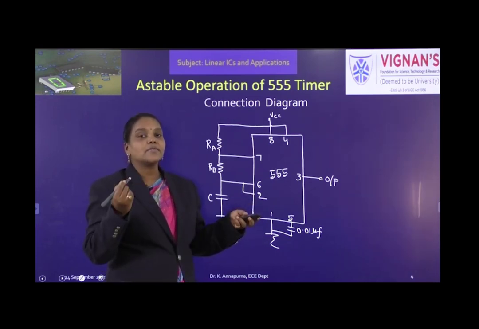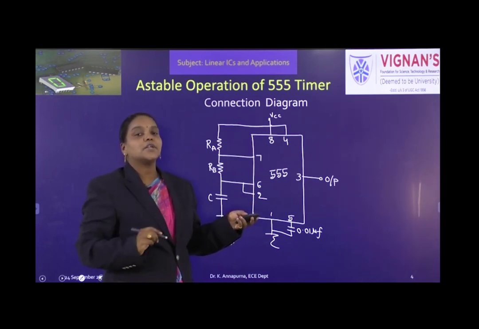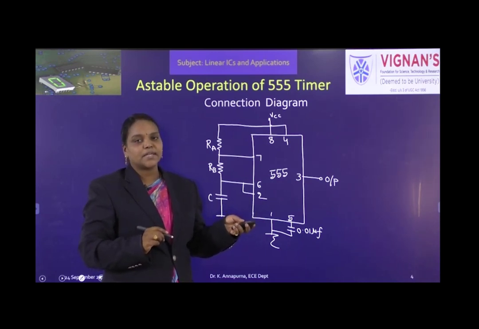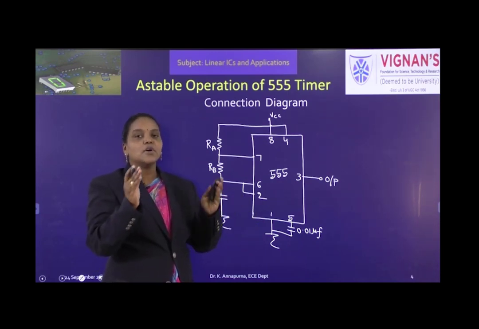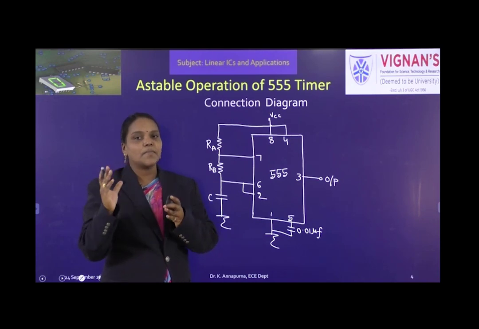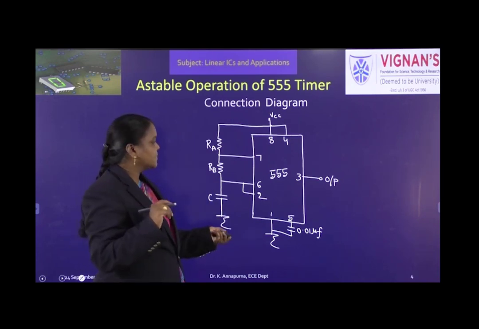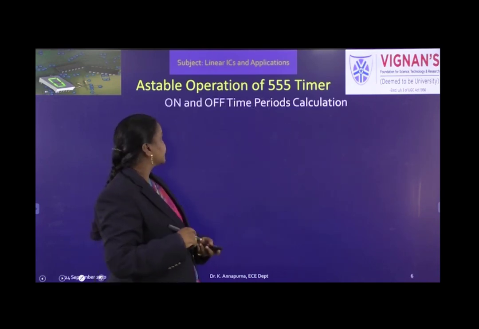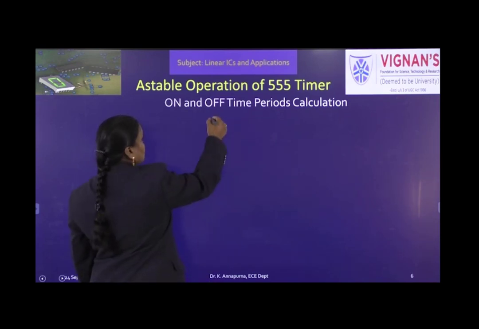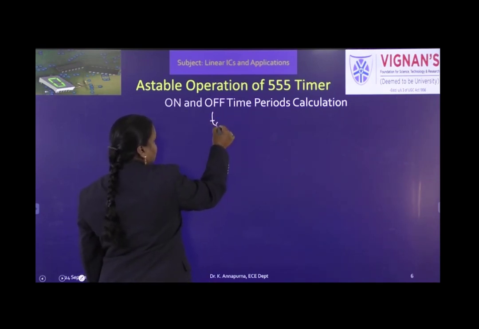Let us derive the on time and off time of the 555 astable multivibrator. That is, for how long it generates the square wave high, and for how long low. First let us derive T on.